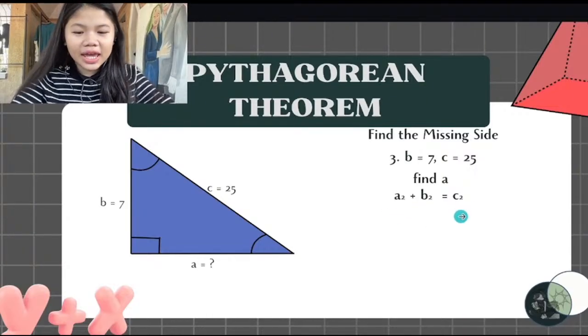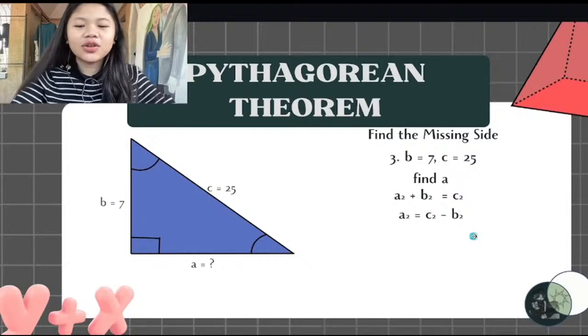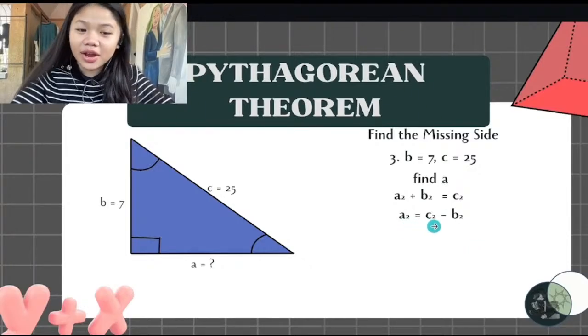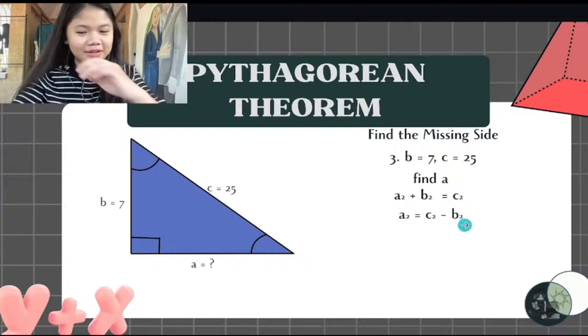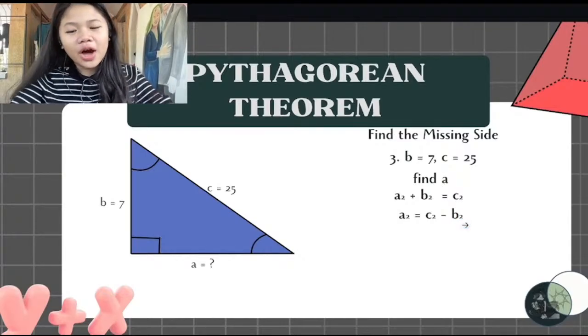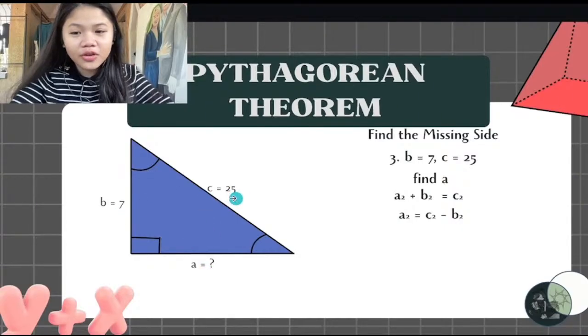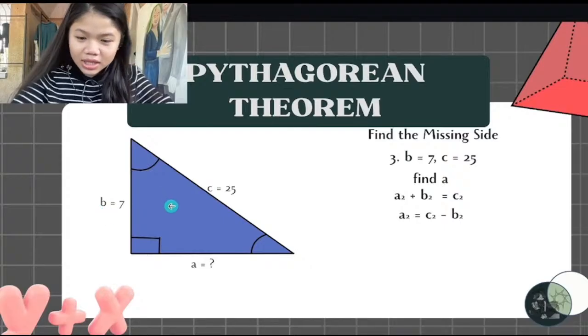So, to isolate a squared, we move b squared to the other side. So, the equation becomes a squared equals c squared minus b squared. Okay? So, now, we substitute the values. c is equal to 25 and b is equal to 7.